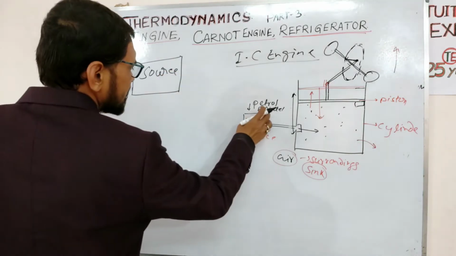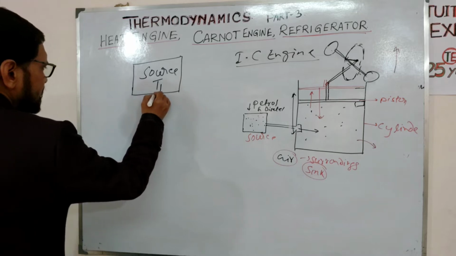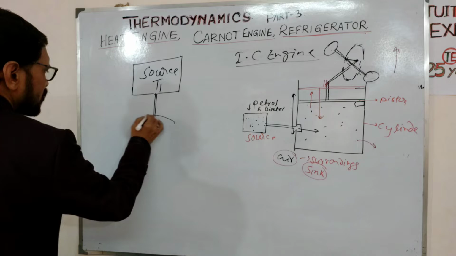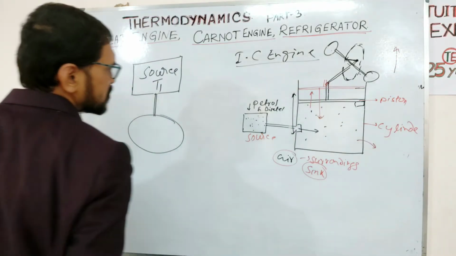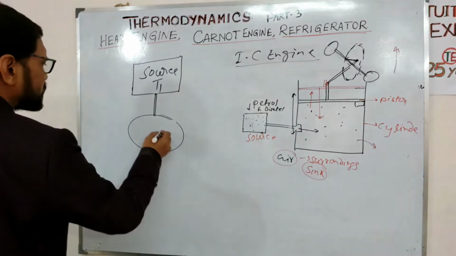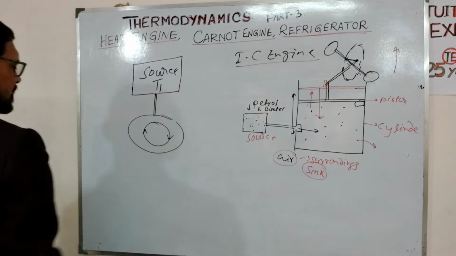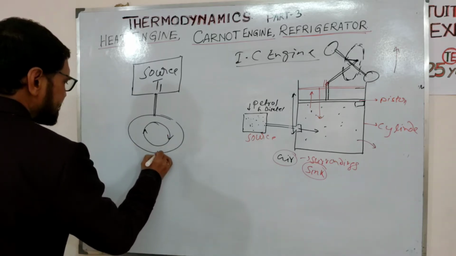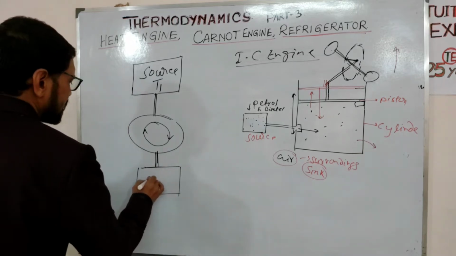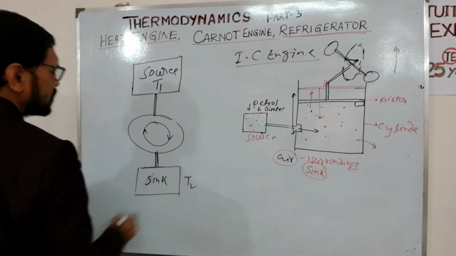Here the source is the petrol and diesel combustion chamber, whose temperature is T1, and heat from the source is introduced into the cylinder piston chamber, where the piston moves up and down and performs a cyclic process. Some unused gas is ejected to the air, which is called the sink, maintained at temperature T2.